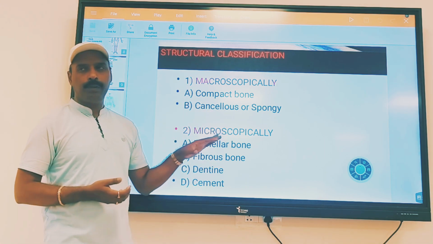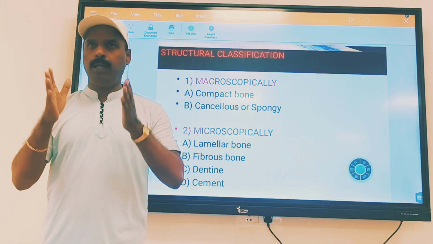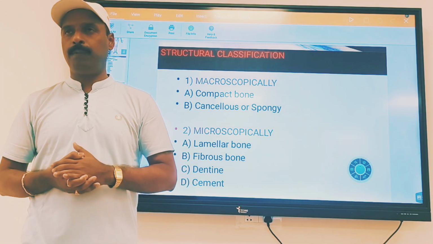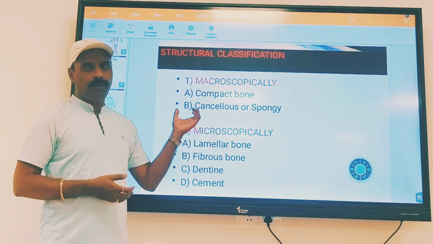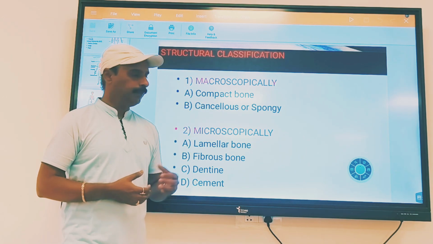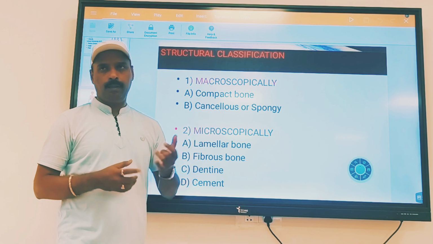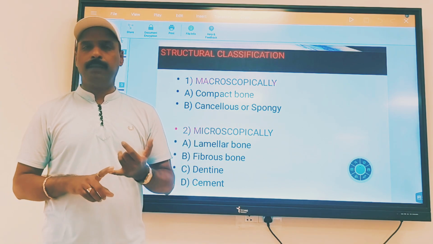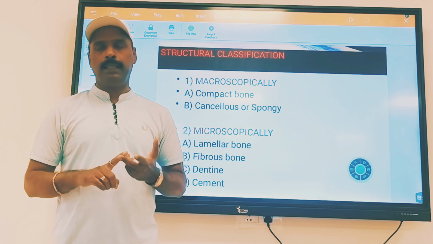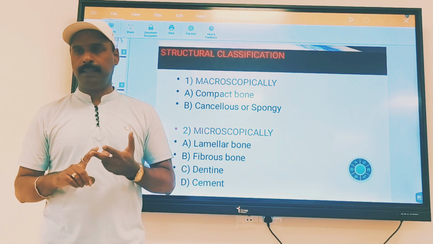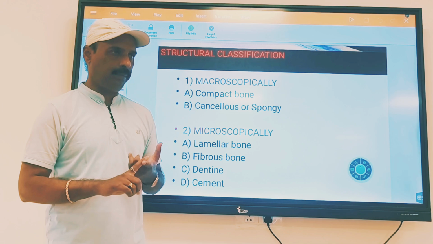So this is very important to understand, as we have come across the four broad classifications: the shape classification of the bone, the developmental classification, the regional classification, and then the structural.